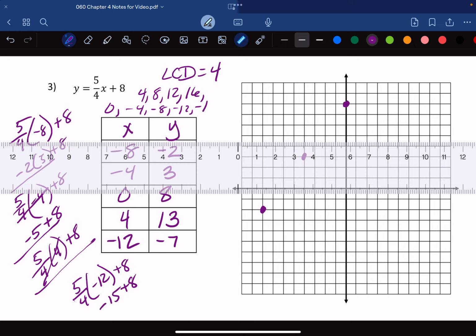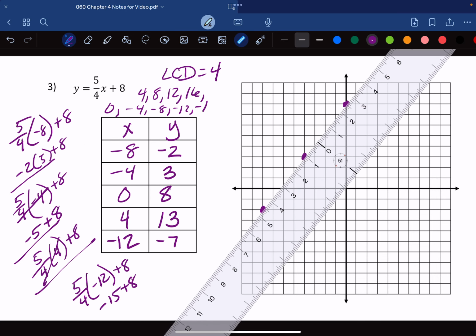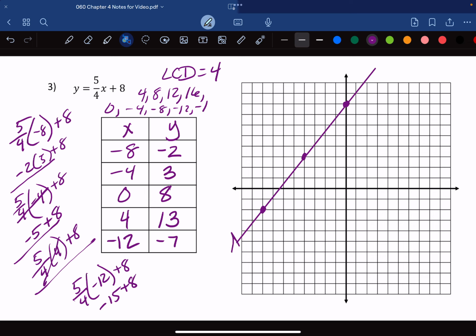And I can only fit 3. However, if you expanded it to be 15 by 15, you would be able to fit 5 points. And then I draw my line. And I now have a graphed line.